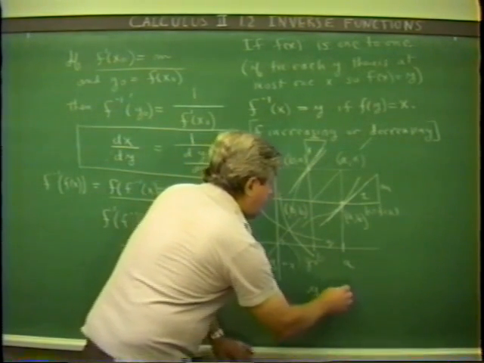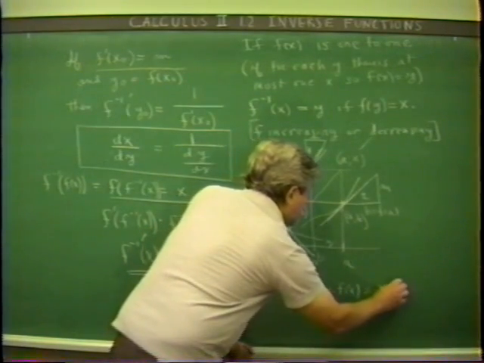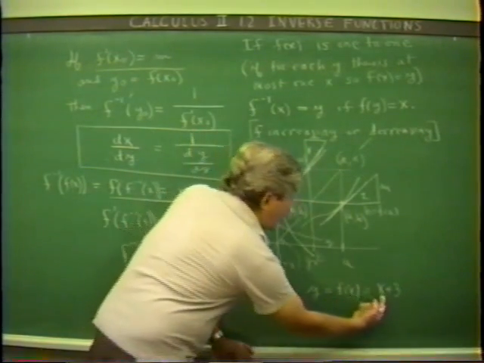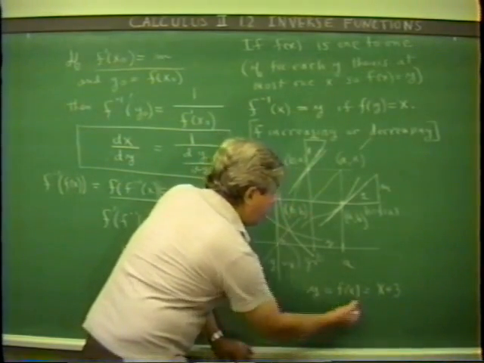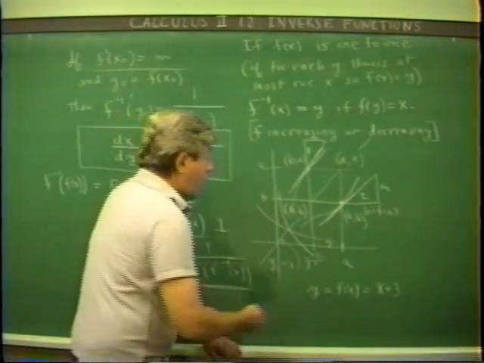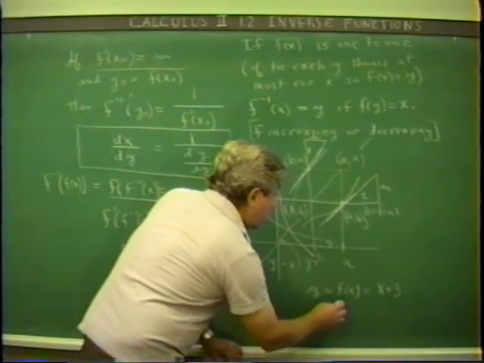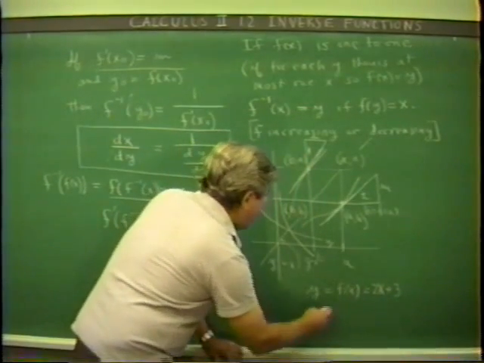So that, for example, if y was equal to f of x was x plus 3, then if we solve this for x and find out, given a value y, what number x corresponds to that value y, we will have the inverse function. Let me make this 2x plus 3 to make it a little more complicated.